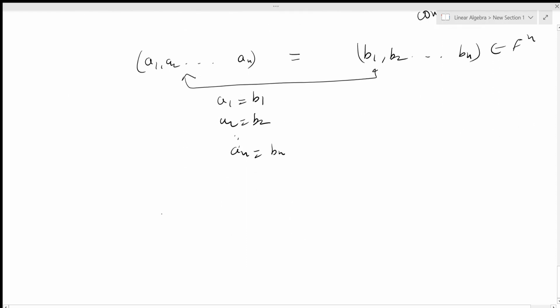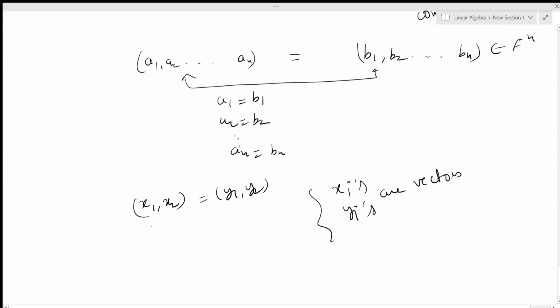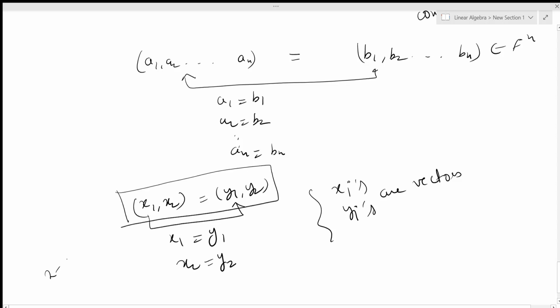If you have x1, x2 equal to y1, y2, where the x_i's and y_i's are vectors, then the components are also equal: x1 is the same as y1, x2 is the same as y2. This is a two-tuple, or a vector of length two. So these two are the same if and only if the entries are the same.